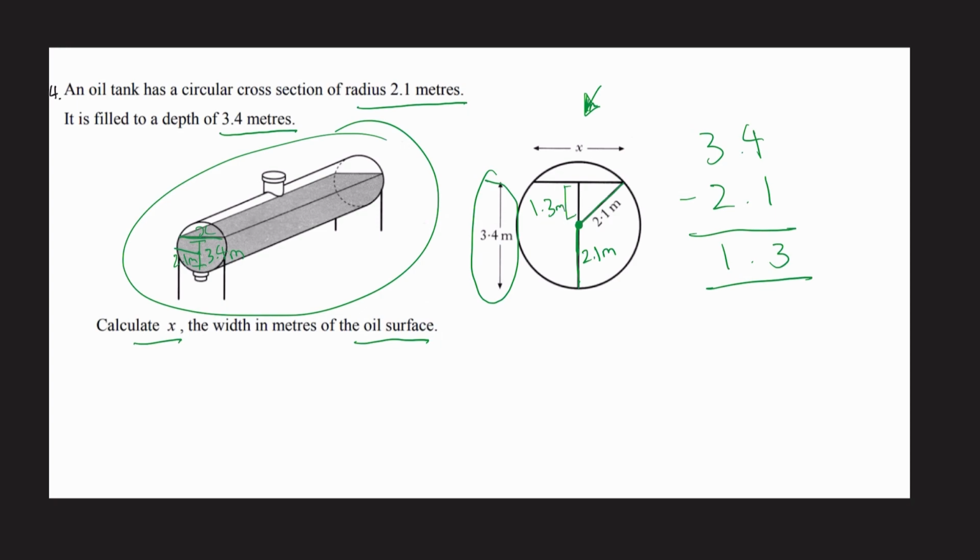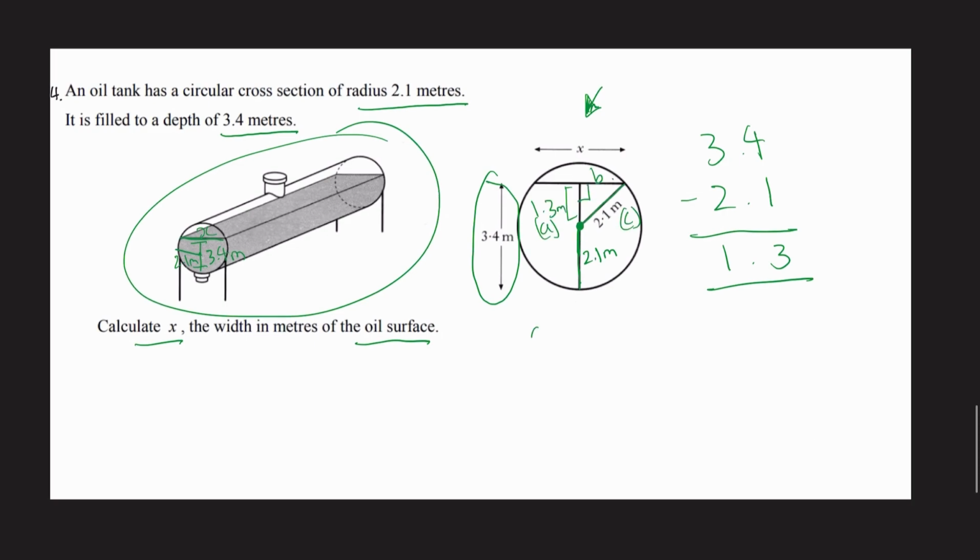Perfect. So now we know this is 1.3 meters. Now we have the hypotenuse, because this is the right angle here. We'll have this as C, and this as A. And what we're trying to work out here is B. So once again, we'll do Pythagoras. A squared plus B squared equals C squared.